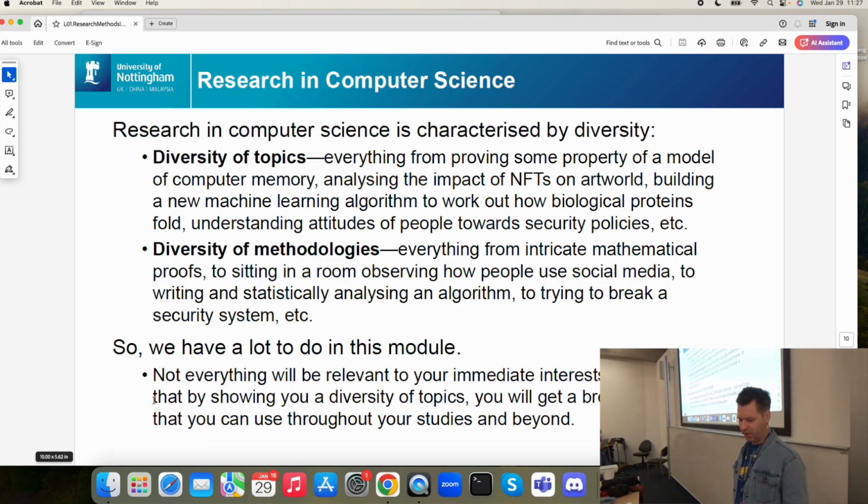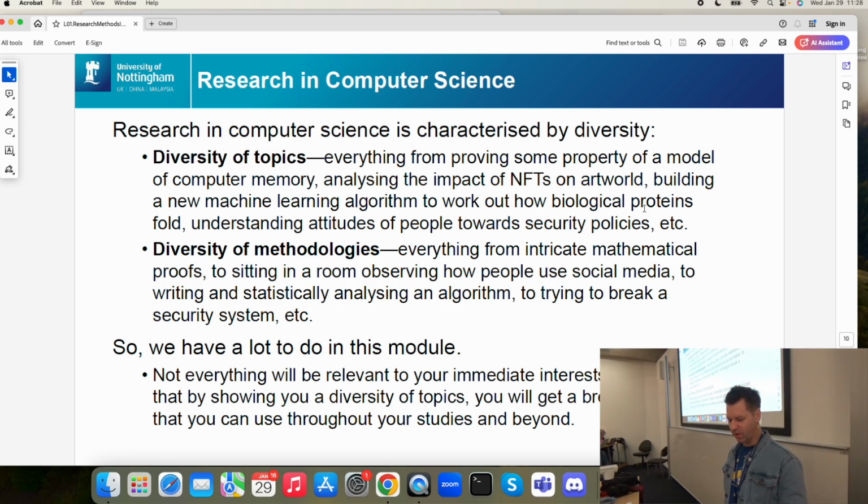So it could be anything. We have a diversity of topics from mathematical proofs to analyzing NFTs in the art world, building new machine learning algorithms, to computational biology and human-computer interaction. So we have a lot of different topics that we cover in the School of Computer Science.